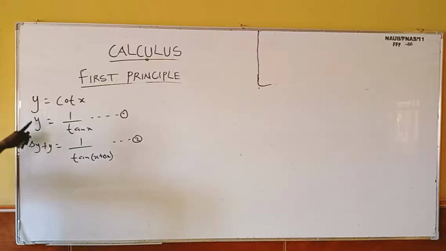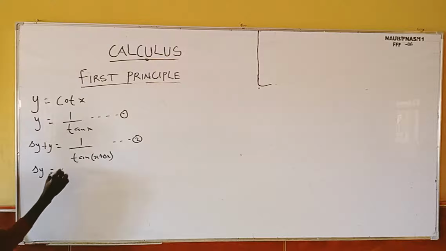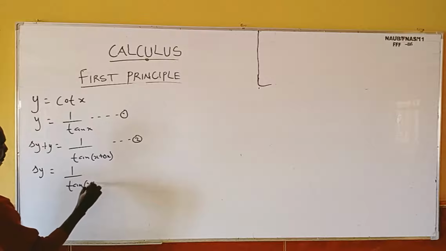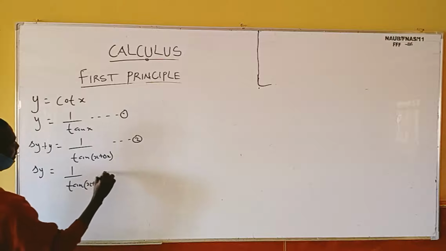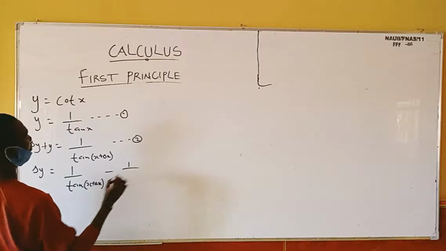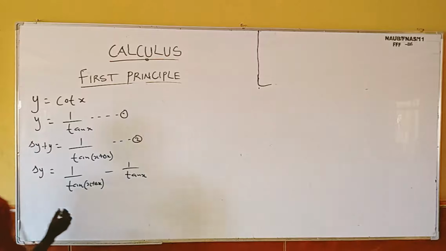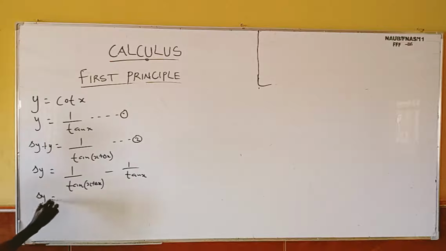This one we always cancel out. Then we are left with change in y. Then we are left with 1 all over tan s plus change in s, minus 1 all over tan s. So the next thing is to find your LCM.